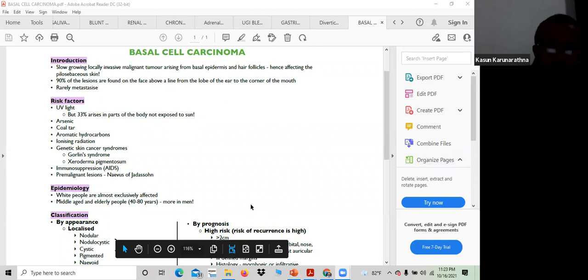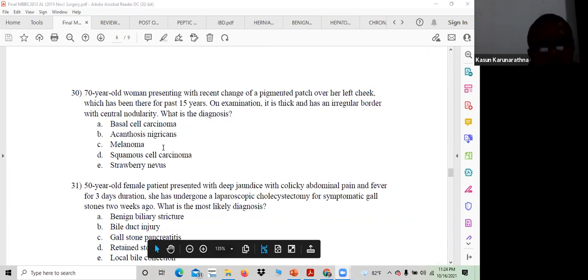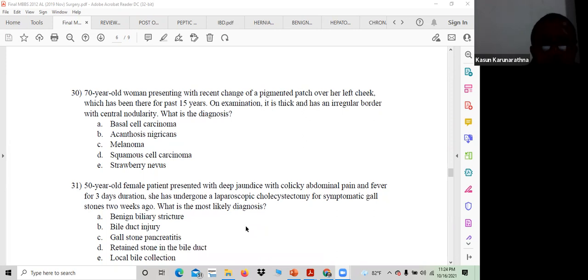Like a melanoma, yes, those two answers are both very close, right? But considering this clinical picture, basal cell carcinoma is also a good possibility. Clinically, we can't differentiate. That is the problem. Nodularity you get in both melanoma and basal cell carcinoma.